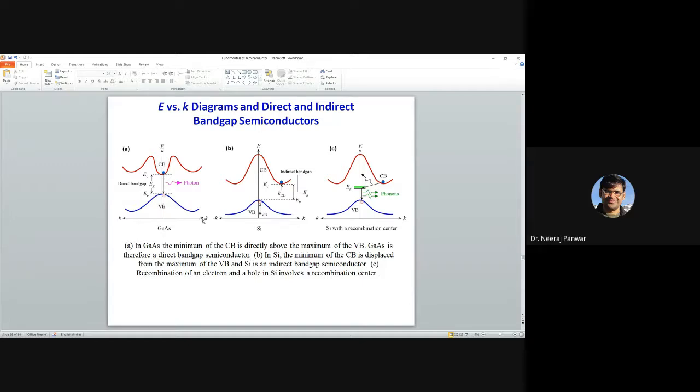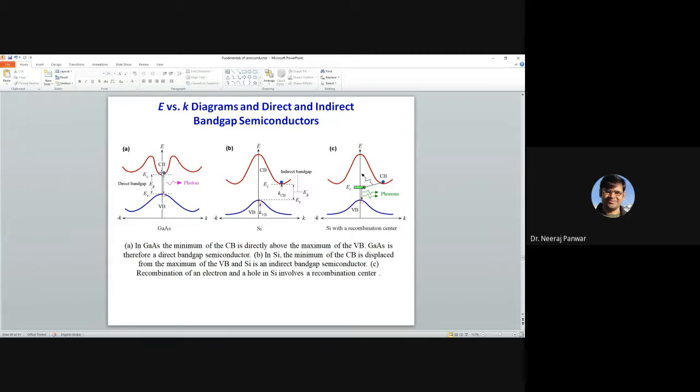So K here represents the momentum or wave vector. If such is the situation in which the top of the valence band coincides with the bottom of the conduction band, then such semiconductors are known as direct band semiconductors. Very important concept, you must remember it.